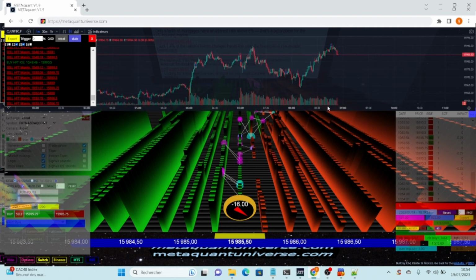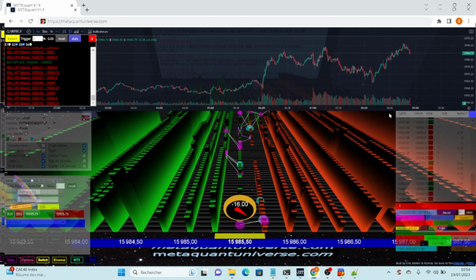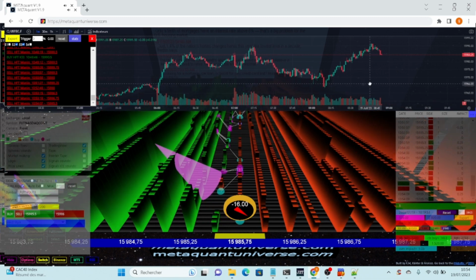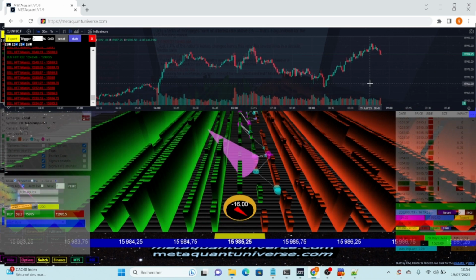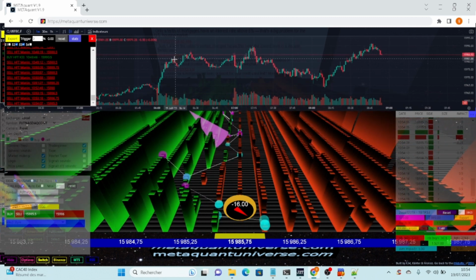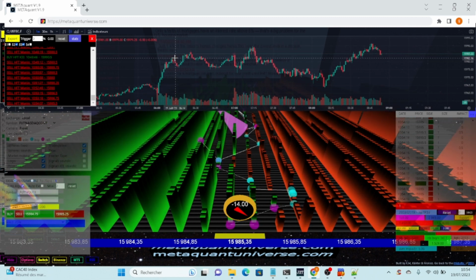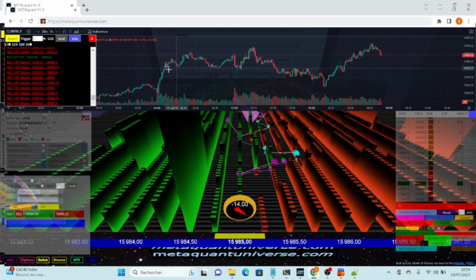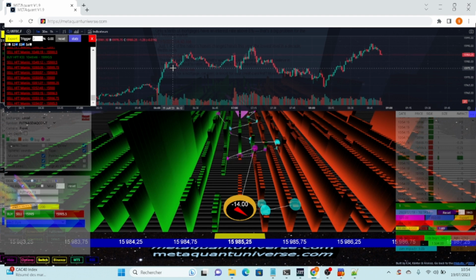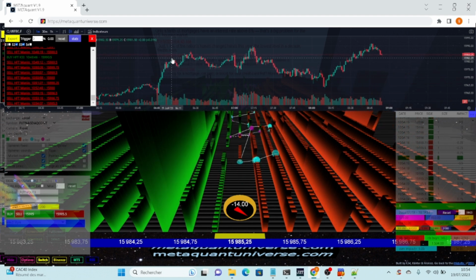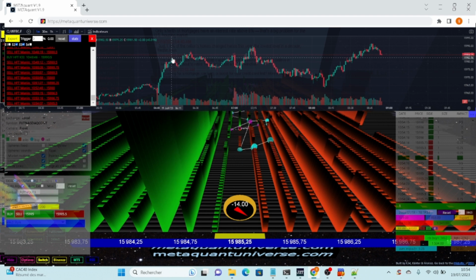I think it is very clear, especially if you work on a short-term basis. As you can see, each time the price prints a new daily high, for example like this morning at 6 o'clock, just here we have a new daily high.